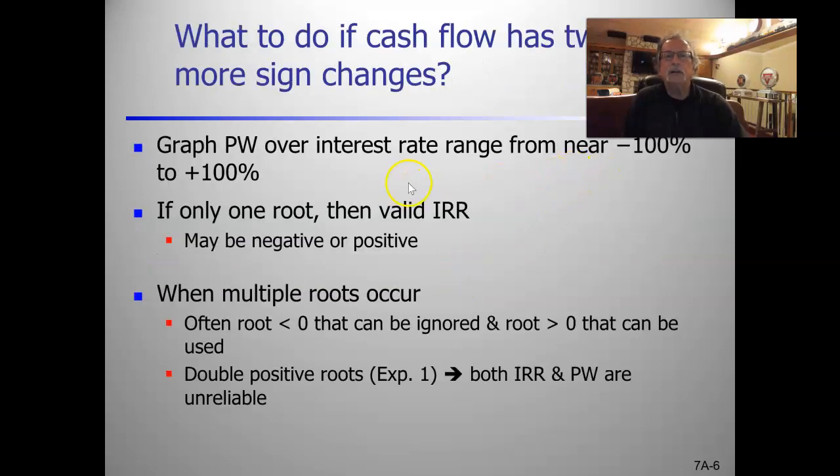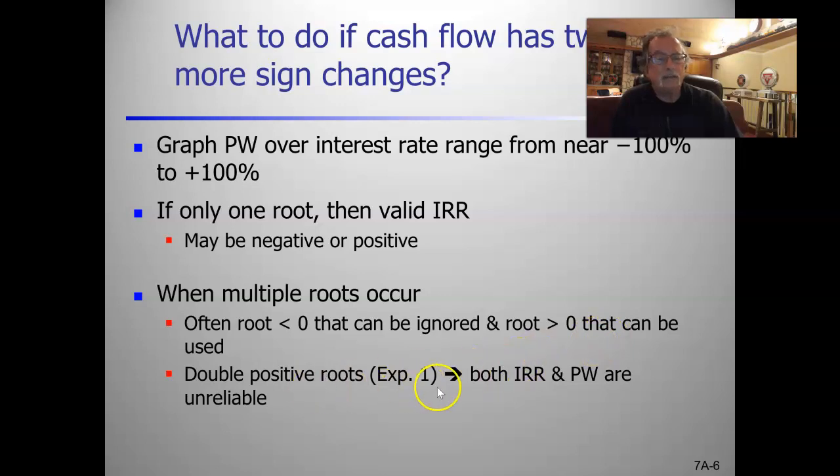So what do you do? You graph the present worth over the interest rate range from -100 to 100%. If there's only one route, you probably have a valid internal rate of return. If you have more than one route, if one of them is less than 0, you can usually ignore that and only evaluate the route that's greater than 0.